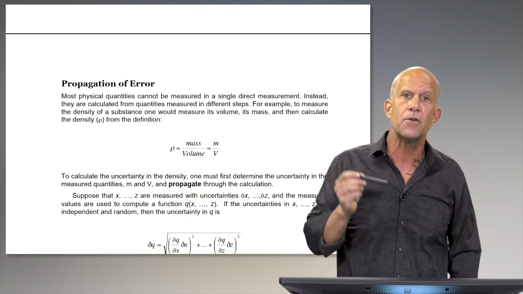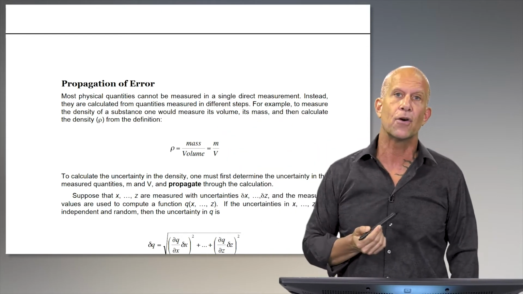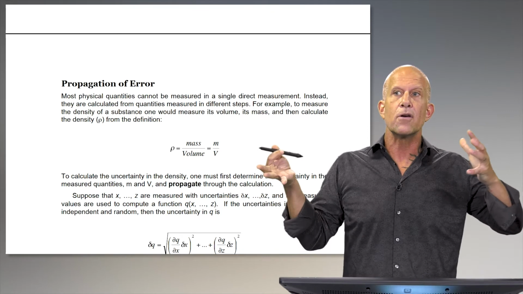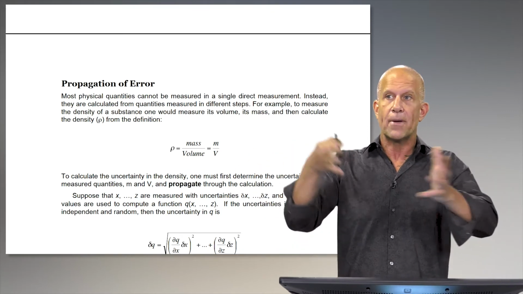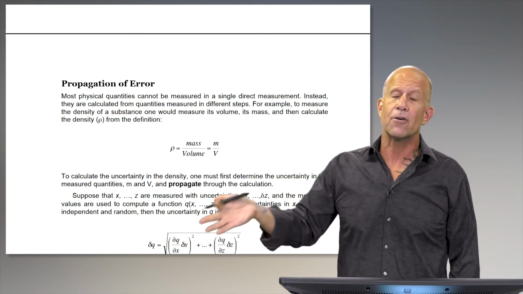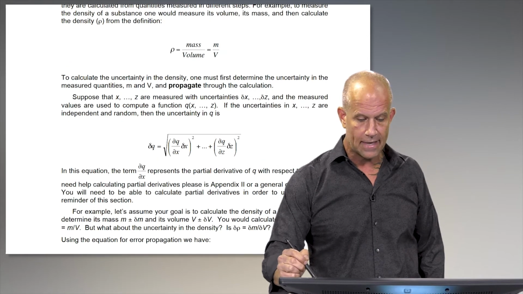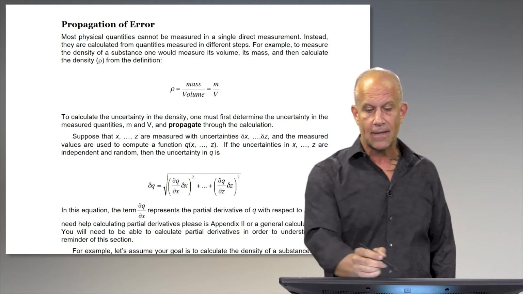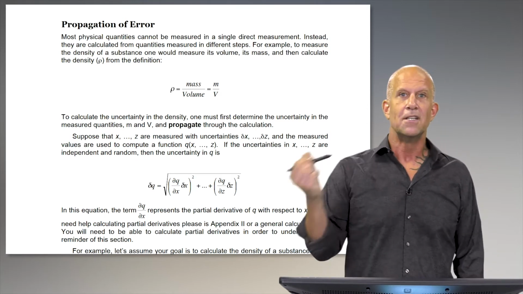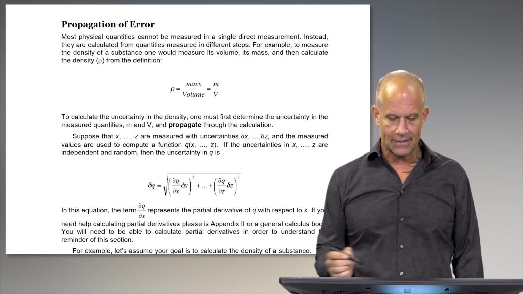You need to know how to propagate the error through that, so that you learn not only the algebra to propagate the numbers themselves, but also how to propagate the error associated with each of the numbers. I go through a very simple example to begin, how density is related to mass over volume. Again, we know how to do the division of mass over volume.